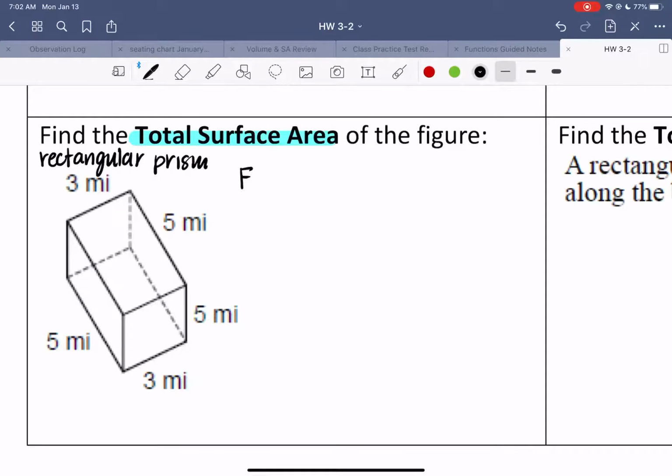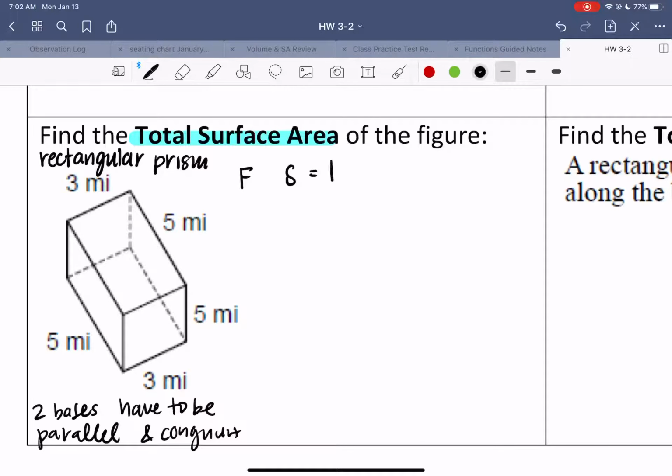Remember that a rectangular prism has two bases, and the two bases have to be parallel and congruent. So I'm going to first write my formula, which is total surface area equals the perimeter of the base times the height plus 2 times the area of the base.